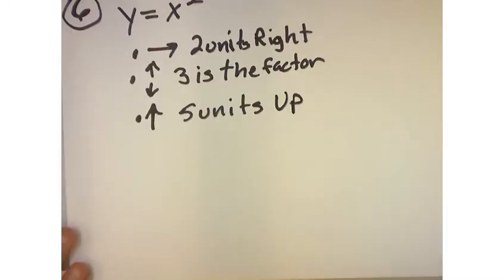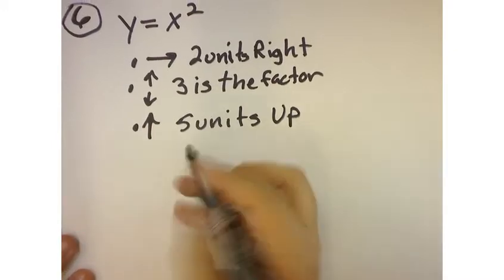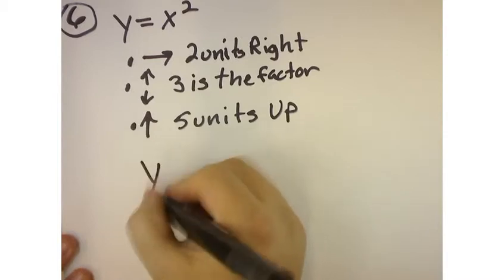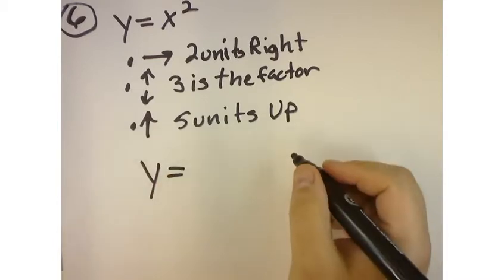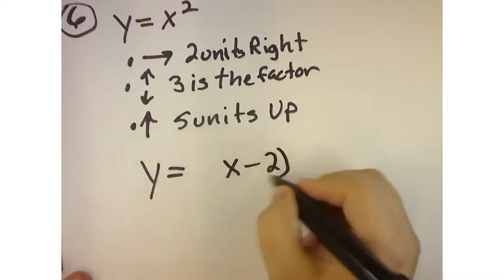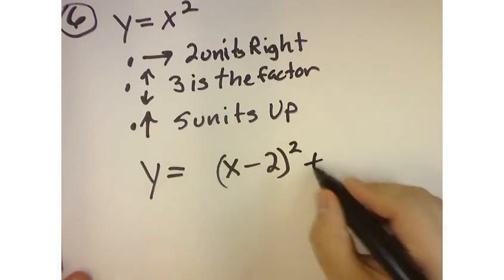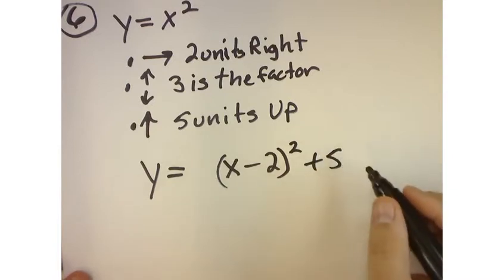So now how do I do that? Well, I say y equals (x minus 2) squared, plus 5, right? Is that right?